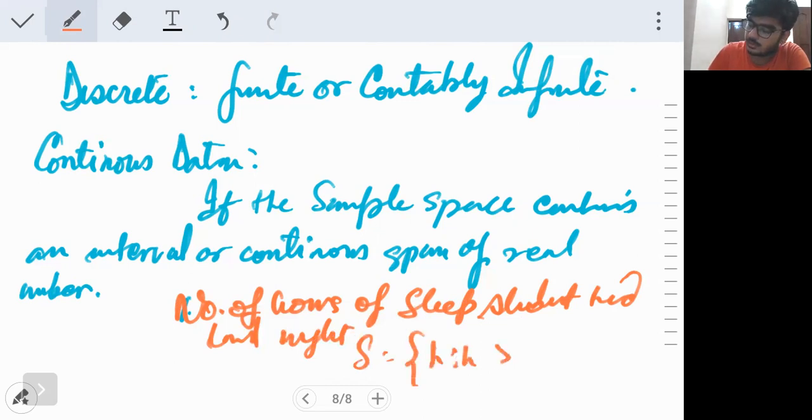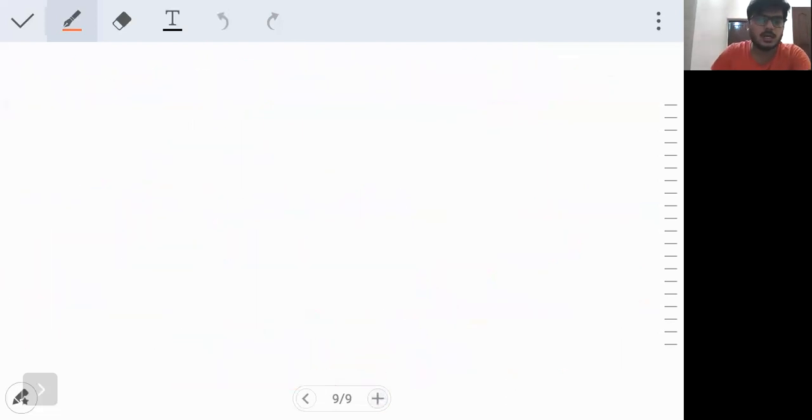X has to be greater than or equal to 0 hours. Maybe someone has not slept also. So this could be a particular example. Here, it is the entire positive real line. For continuous data, there is a theory that an infinite number of possible outcomes is possible. The measurement tool here is the restricting factor.